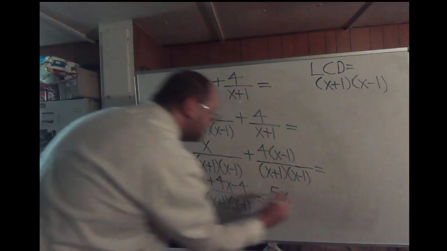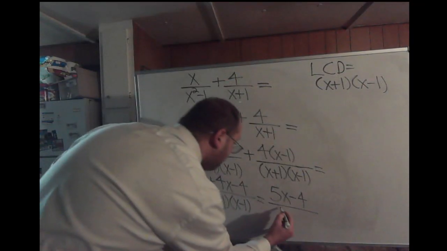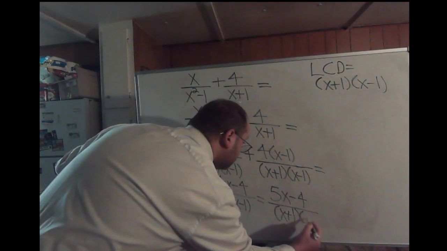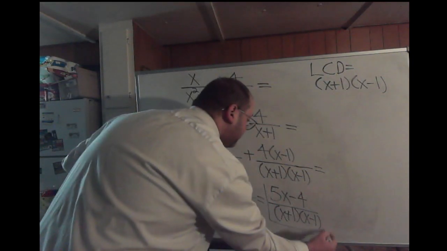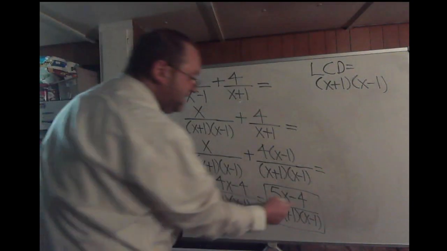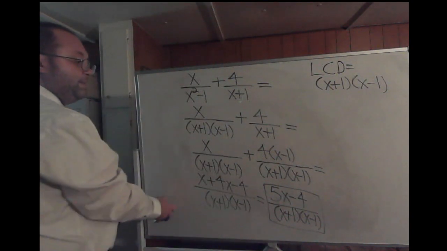Then you have minus 4 all over x plus 1 times x minus 1. And this won't simplify any further, so the answer you should get is 5x minus 4 all over x plus 1 times x minus 1.